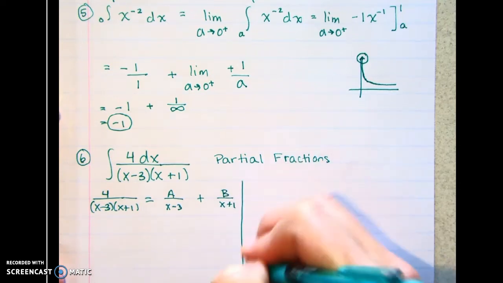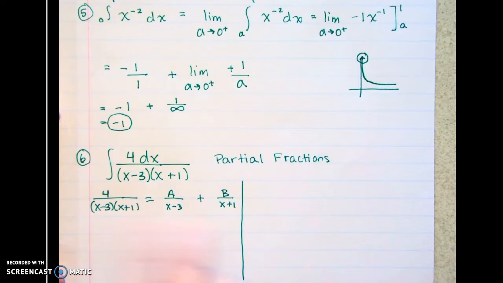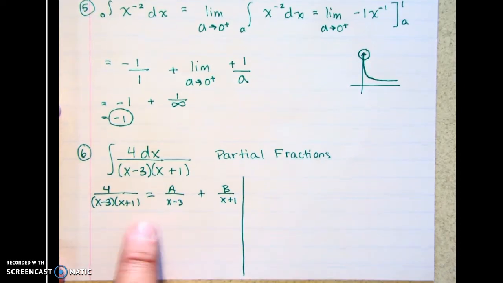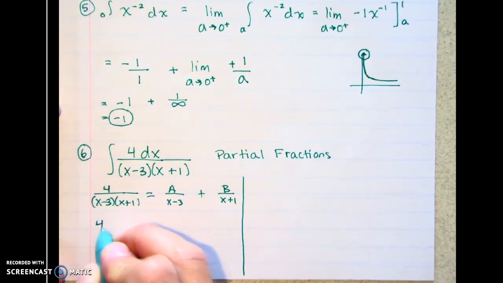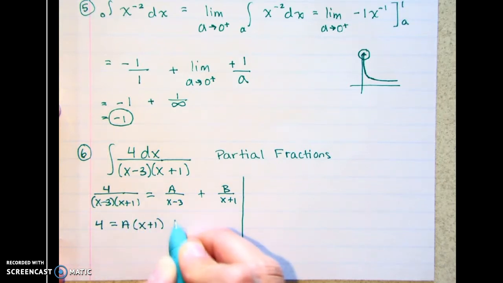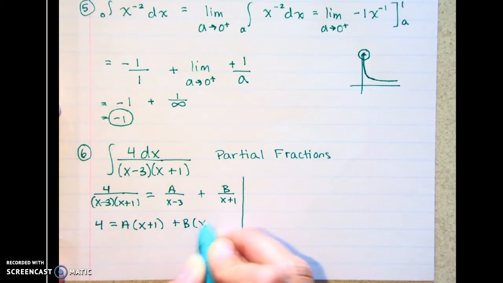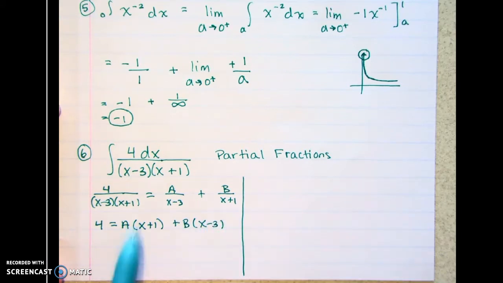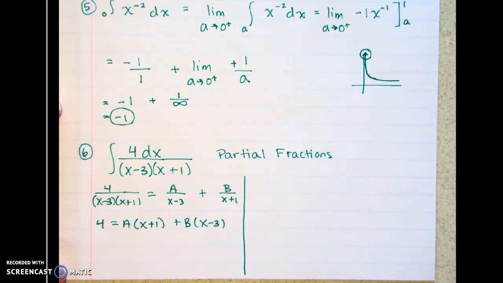And we don't want it to be a rational equation, so we're going to multiply by the denominator to get 4 equals a times x plus 1 plus b times x minus 3, because we multiplied everything by x minus 3 times x plus 1. Now when we choose, what are we going to choose first? This right here, what would make this 0? Negative 1.